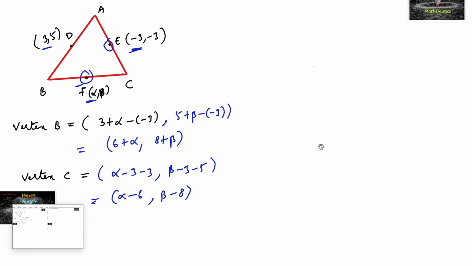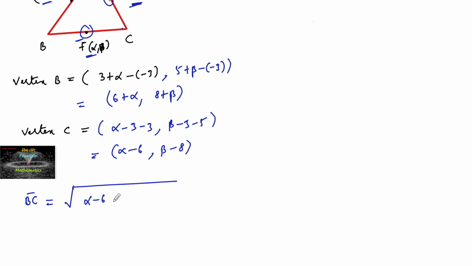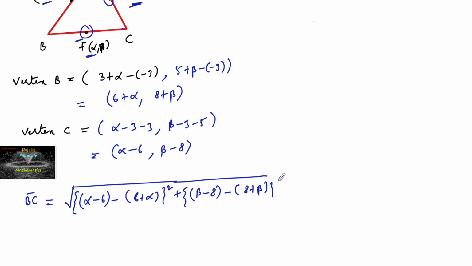And now the length of BC is the distance between these two points, the square root of x2 minus x1 whole square plus y2 minus y1 whole square. So we can write alpha minus 6 minus of 6 plus alpha whole square, plus beta minus 8 minus of 8 plus beta whole square.